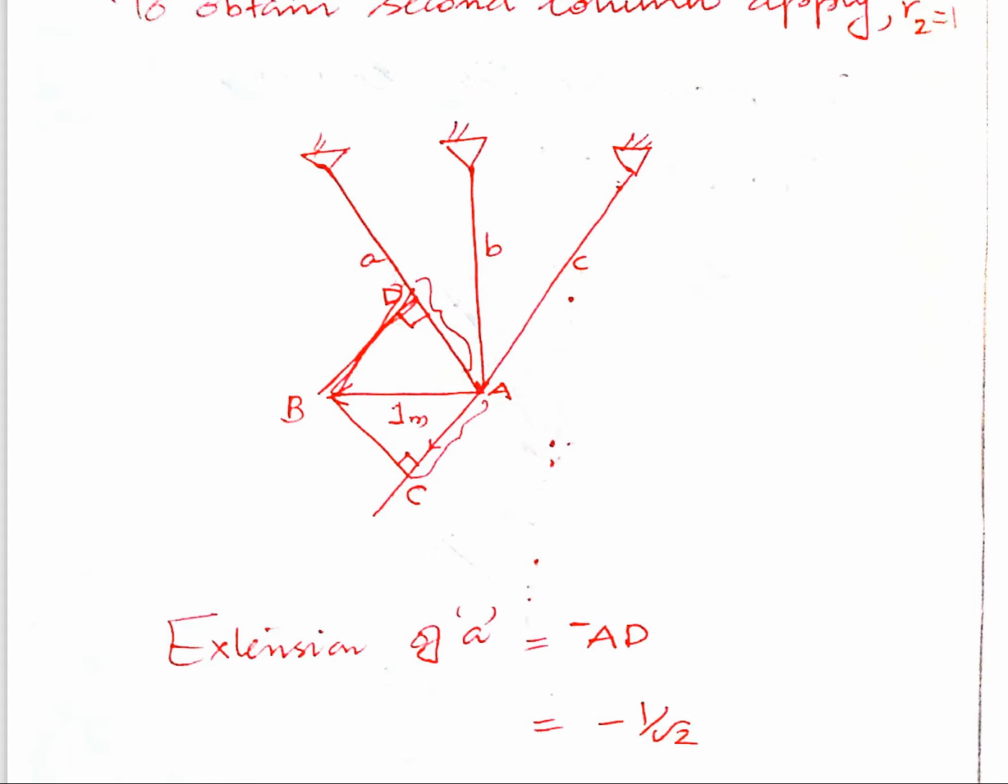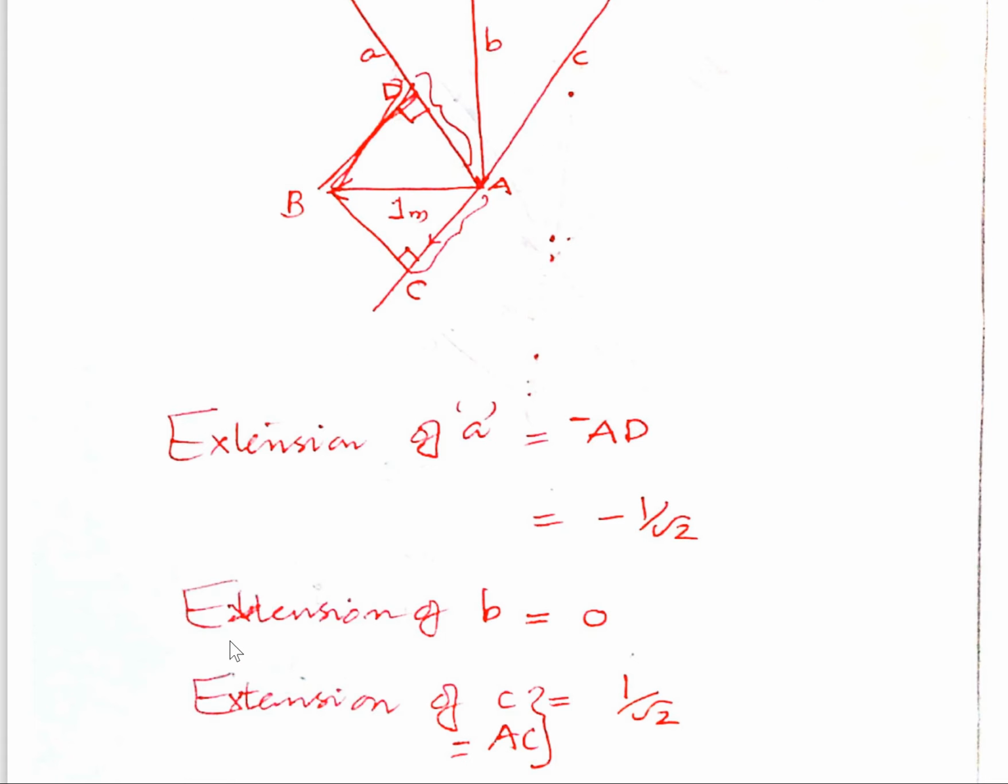Now we can find out the values of AD and AC from the trigonometric relations. So the extension of small a is equal to minus AD, which is equal to minus 1 by root 2. Extension of B is equal to 0. Then the extension of member C is equal to AC, which is equal to 1 by root 2.